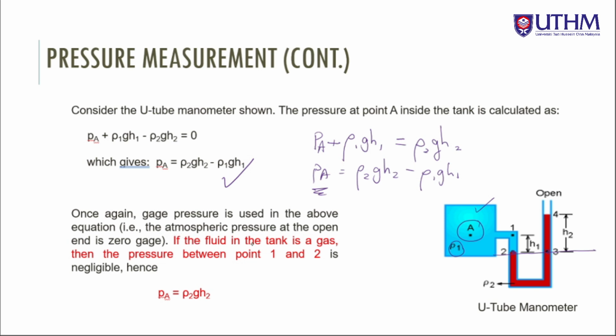If the fluid in the tank is a gas, kan, dia consider yang ni adalah gas, then the pressure between point 1 and 2 is negligible. So yang ni boleh consider negligible and hence kita cancel out that items and then kita akan dapat PA equals to rho 2 GH2. Okay.